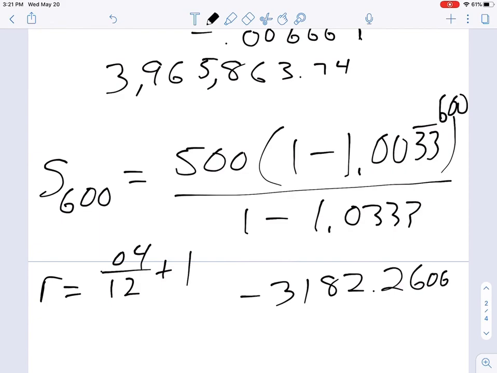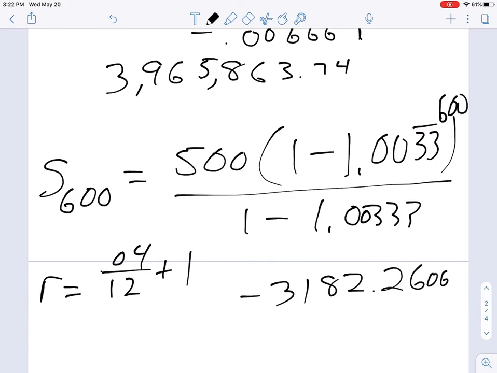1 minus 1.00333. So I'm going to say divided by, open parentheses, 1 minus 1.00. And I'm just going to hit that. Ooh, I forgot that extra 0. That's supposed to be one more 0 there. 3333333. Close it. Hit it.